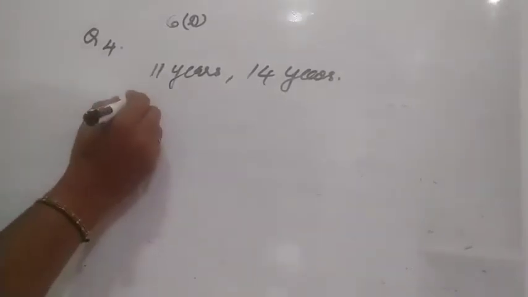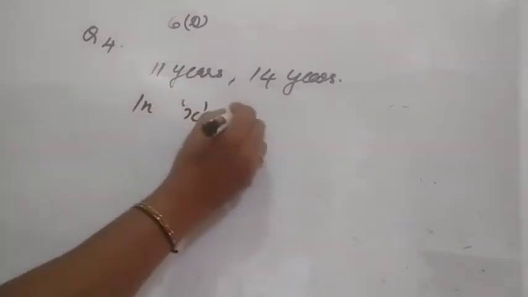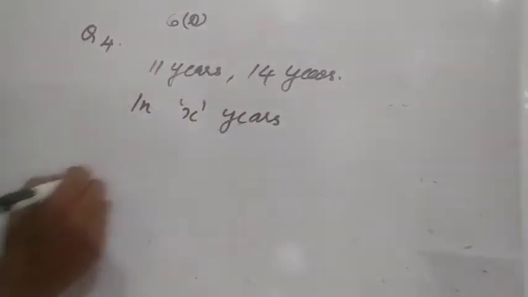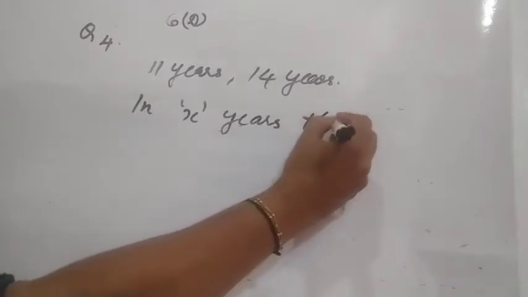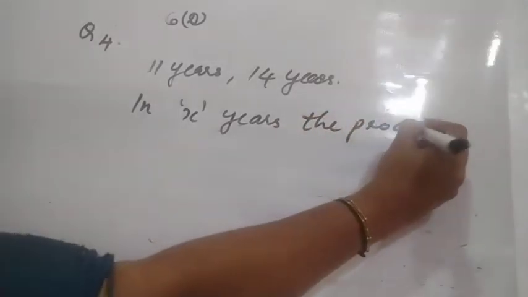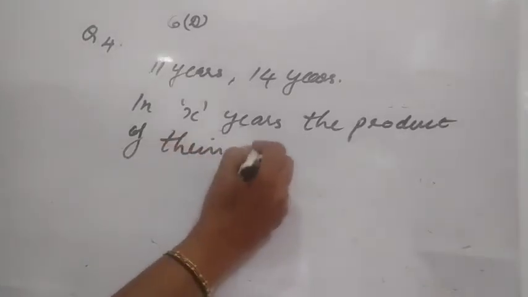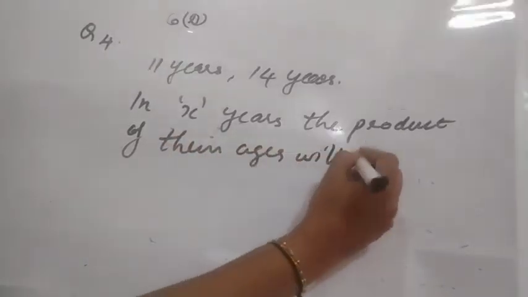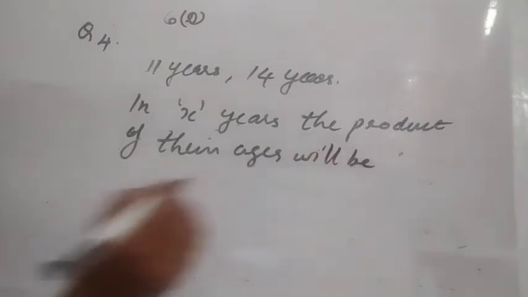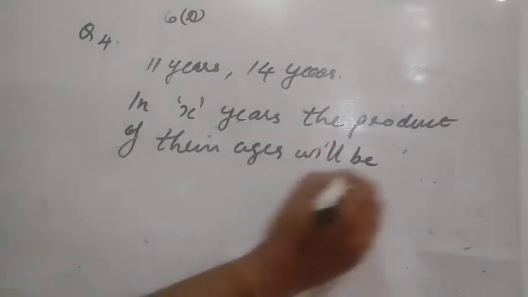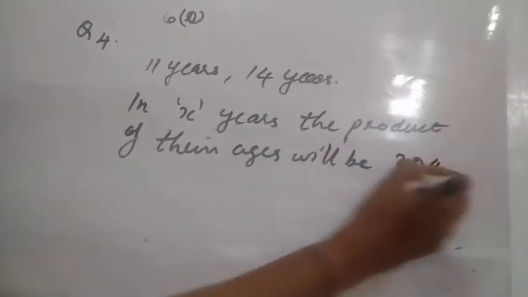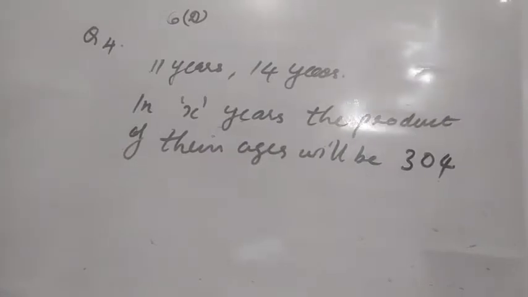So we take it as x years. We don't know the time. So in x years, the product of their ages will be 304.